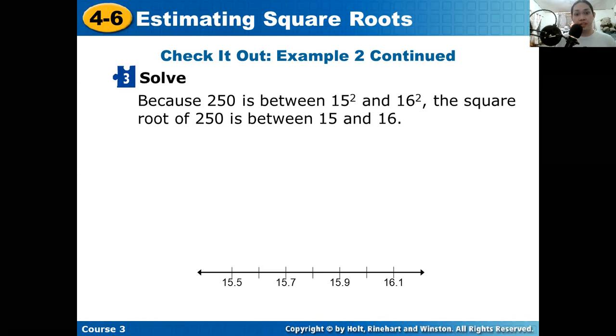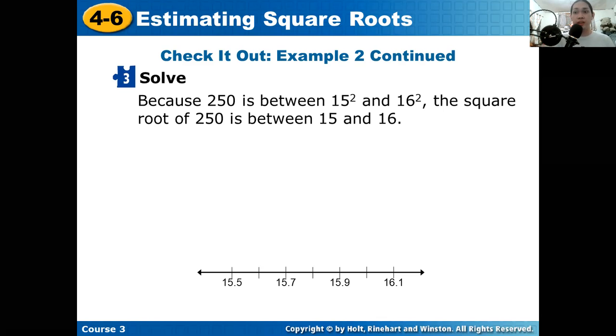So the square root of 250 is between the integers 15 and 16. Now, if we're going to extend the estimated value of the square root of 250, then we can add decimals to the integers that we have, 15 and 16.